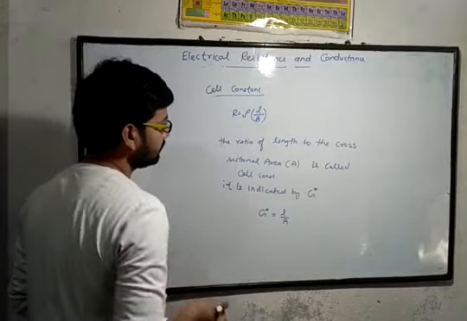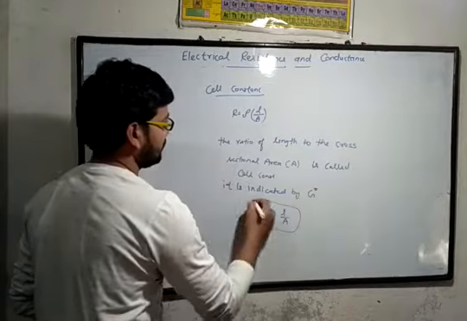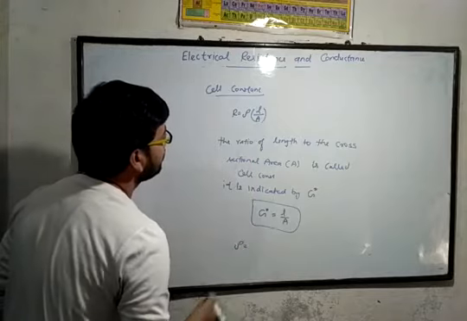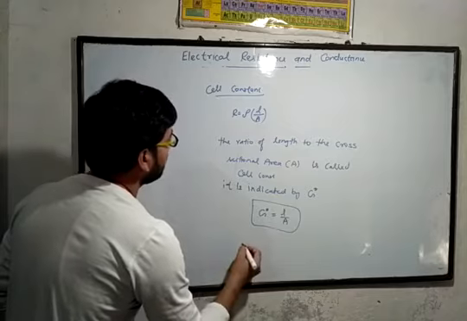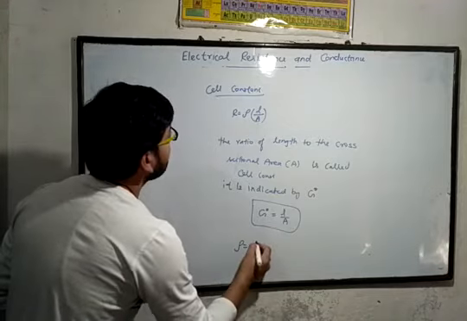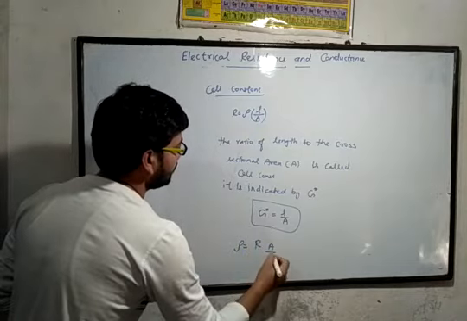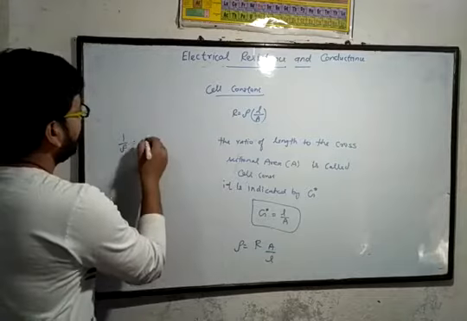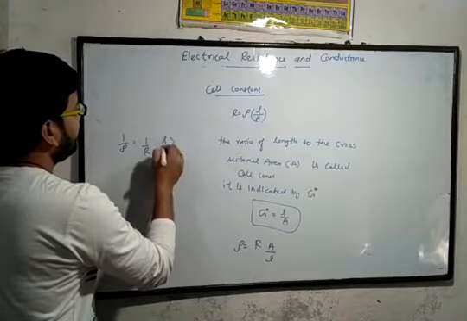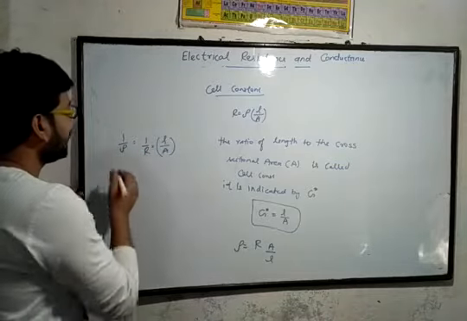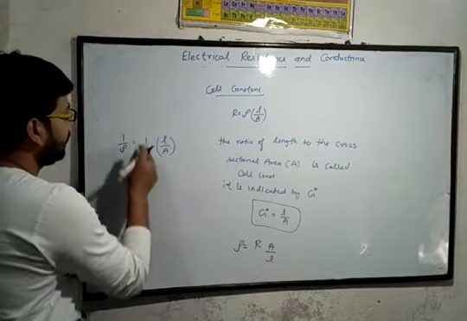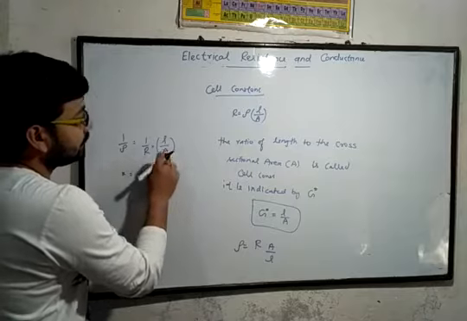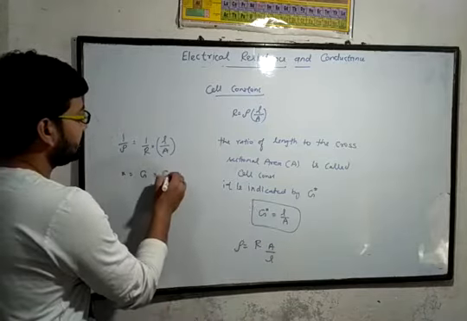We can also write rho is equal to R A upon L. If we invert this, then 1 upon rho is equal to 1 upon R into L upon A. 1 upon rho is the conductivity denoted by K. 1 upon R is the conductance denoted by G, and L upon A is the cell constant denoted by G star.